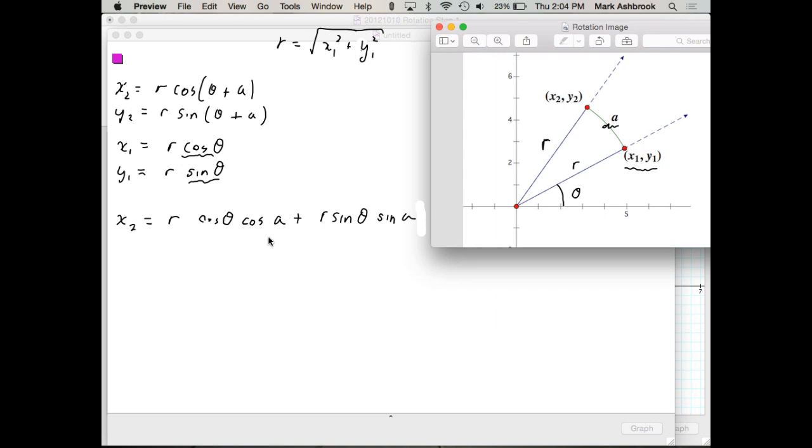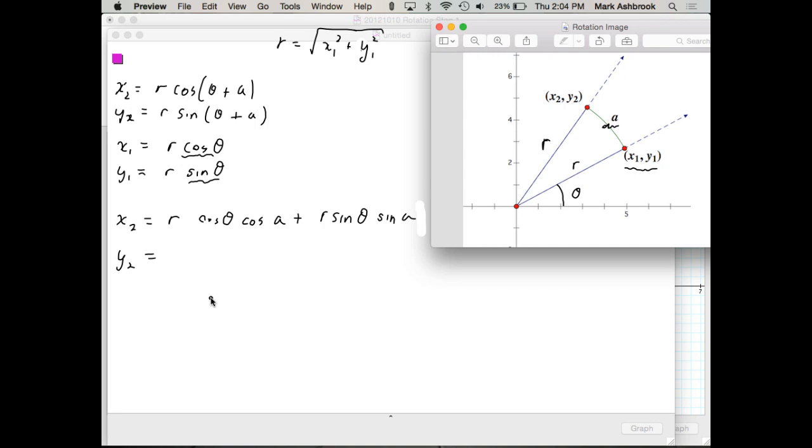So before we do that, let's actually do y2 as well. So y2 would be, that's a 2. We need the sum for sine.